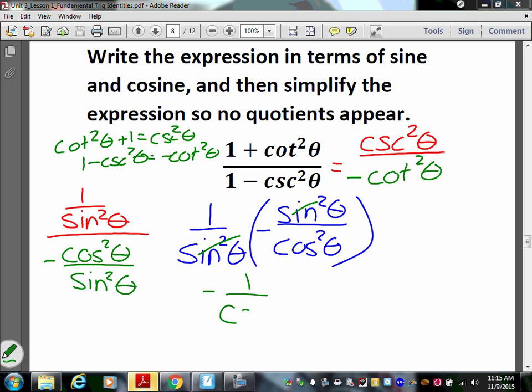And seriously, I have one more thing to do. I'm almost home. I wrote it in terms of sine and cosine, and now I got to get rid of the fractions. I got it all the way down to negative 1 over cosine squared. To get rid of this fraction, I write it as negative secant squared.